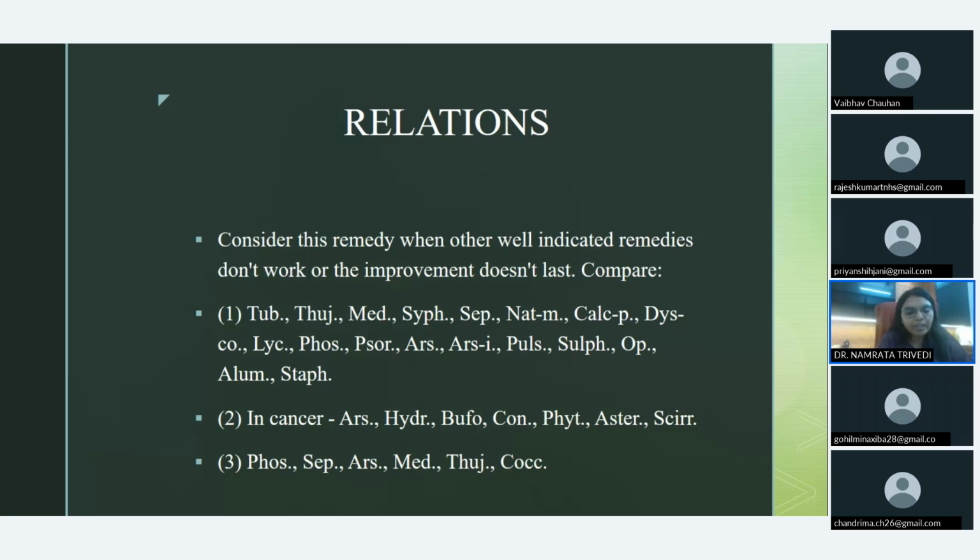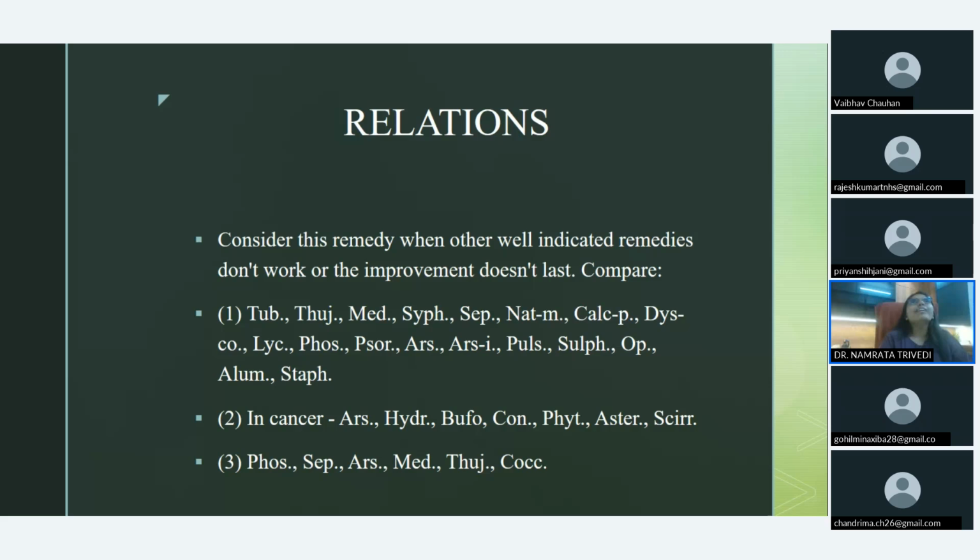But in cases of cancer, we can compare this remedy with arsenic, hydrastis, bufo rana, conium, phytolacca, asterias rubens, and selenium. And third, phosphorus. We can also compare with phosphorus, sepia, arsenic, medorrhinum, thuja, and cocculus.